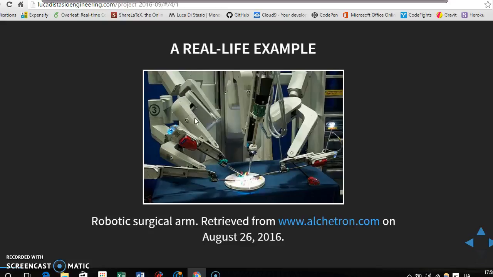Our reference in real life are robotic surgical arms, which are motor controlled, they can rotate, in particular are flexible, and they have to touch surfaces. In this case they are gonna touch the table in a very simple manner.